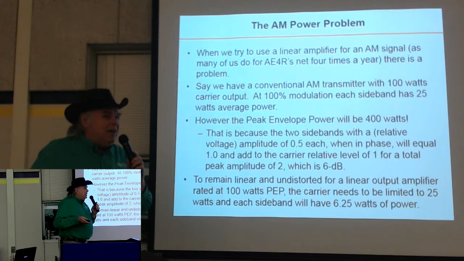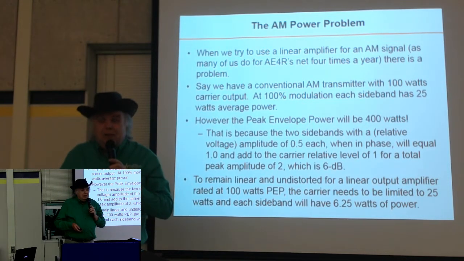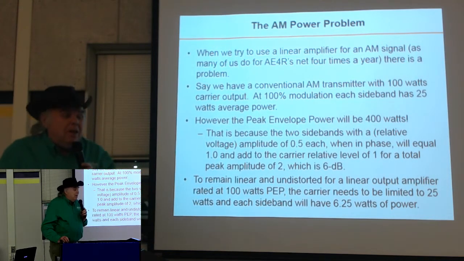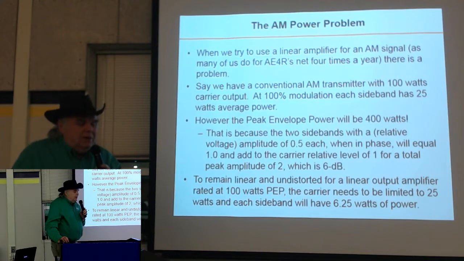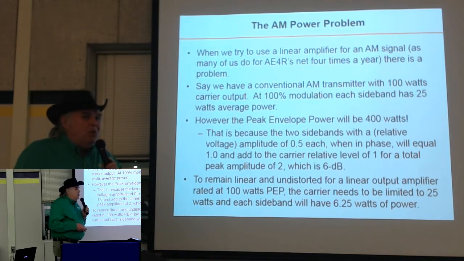Okay, so when we have our Ricebox transceiver, or Yaesu, or Kenwood, or ICOM, and we get on Mike's net running AM, if we're to run an undistorted waveform, the maximum carrier we can put out is 6 dB below the 100 watts.